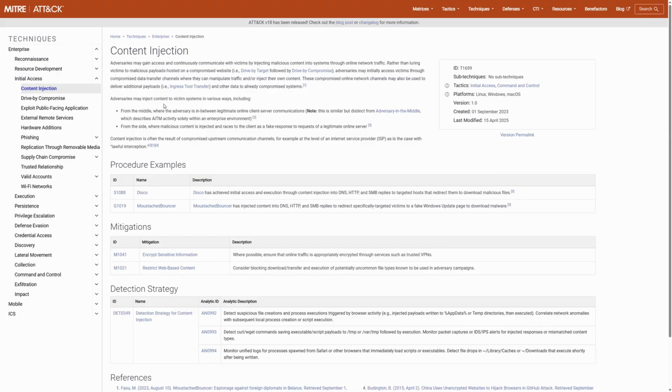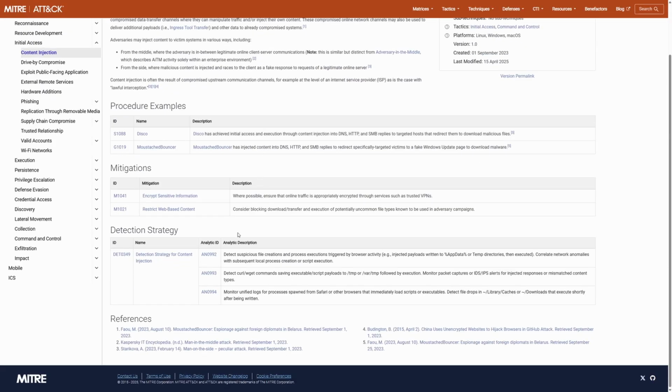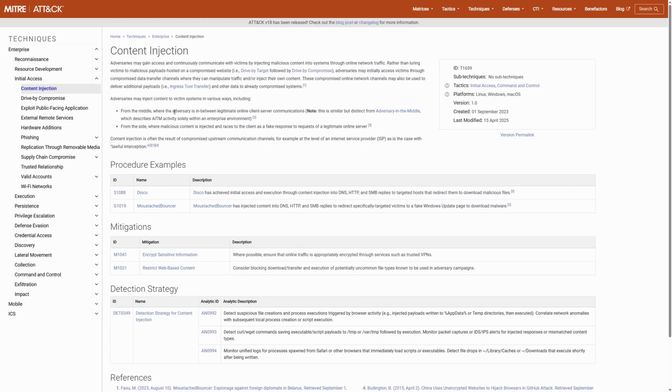But as you can see, what they say is basically the adversary would drive by the target followed by drive-by compromise. So they're injecting a malicious payload into the website. A lot of times I see them do it with cross-site scripting, XSS. My bad, it's cross-site scripting, XSS.